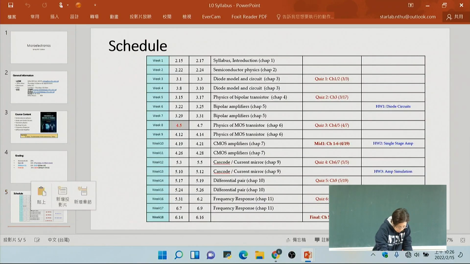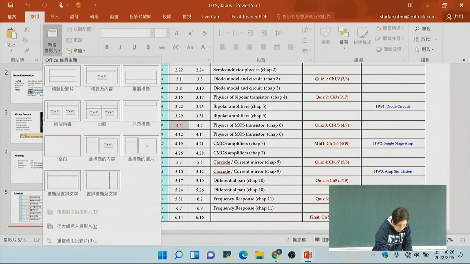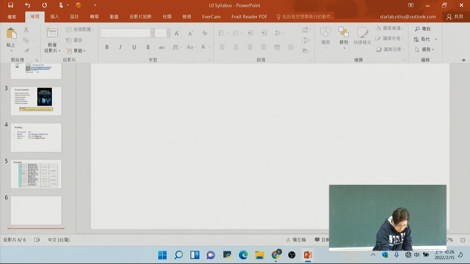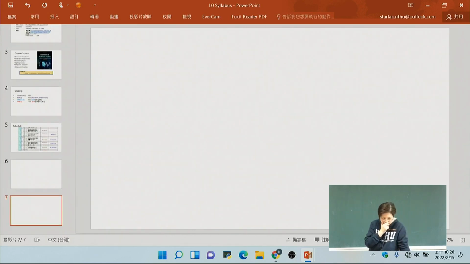Today, okay, what I wanted to do is add a few things. The other thing I wanted to discuss is that I will be uploading these materials to the e-class platform.